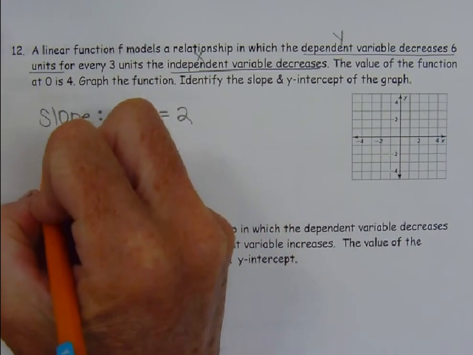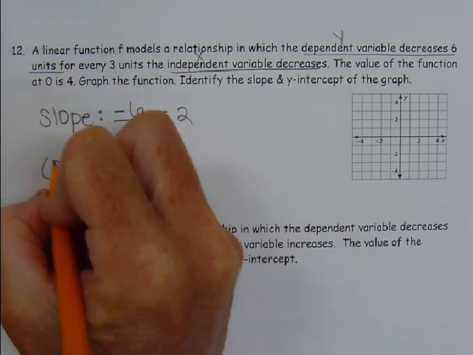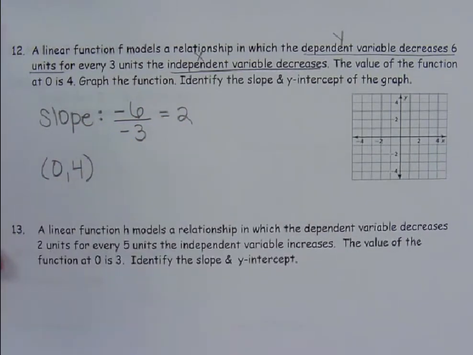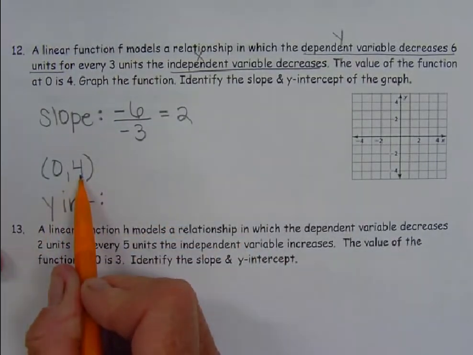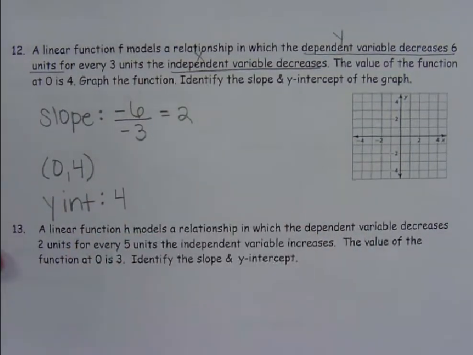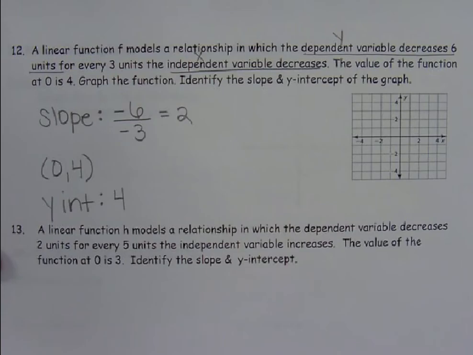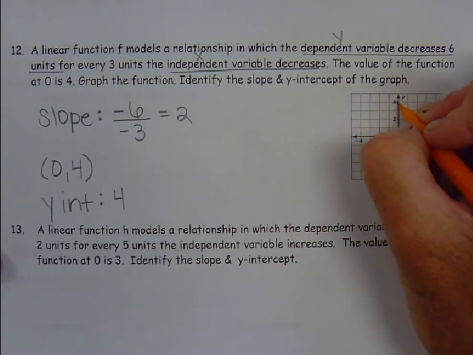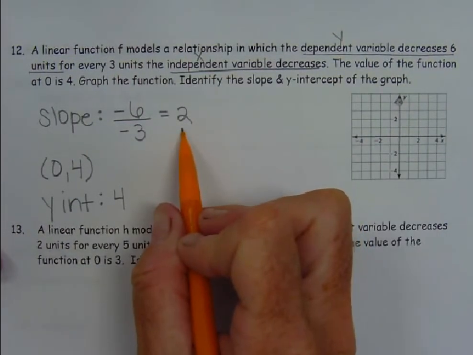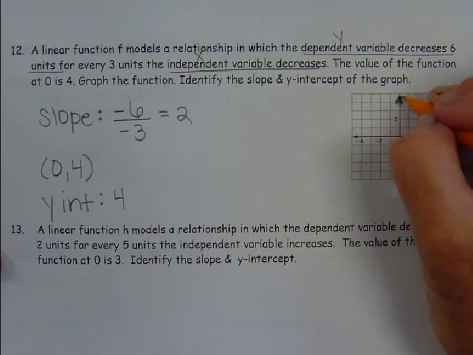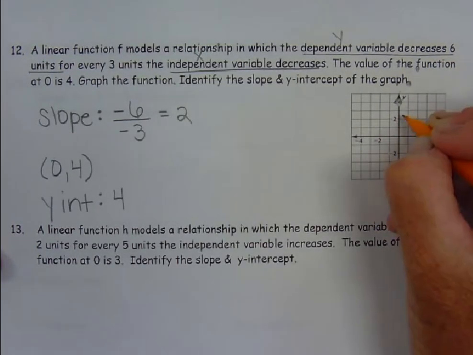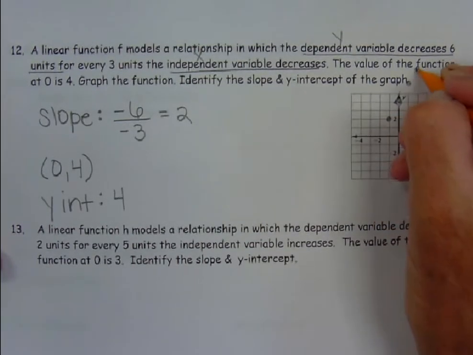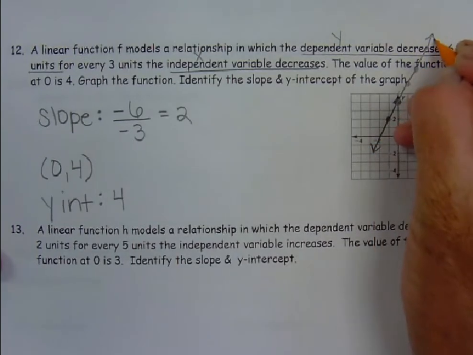So if you think of the point at 0, your value is 4, you just found your y-intercept, because your y-intercept is when your x is 0 or when it crosses your y-axis. So your y-intercept is 4. In order to graph this, you have a y-intercept of 4 and a slope of 2. So you go up 2 over 1, up 2 over 1, or you could go down 2, back 1, and that is your equation for your line.